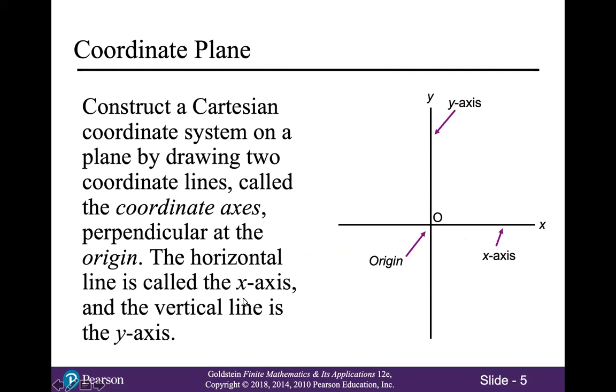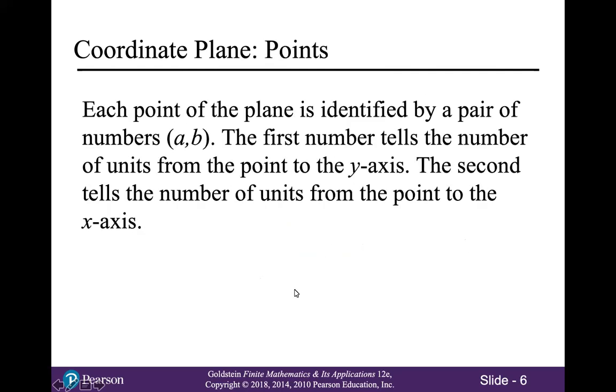The horizontal line is called the x-axis, and the vertical line is the y-axis, as you see here. Each point of the plane is identified by a pair of numbers, a comma b. The first number tells the number of units from the point to the y-axis. The second tells the number of units from the point to the x-axis.